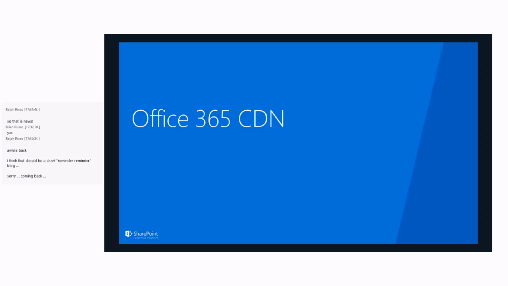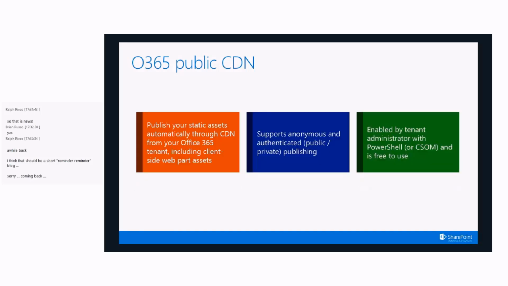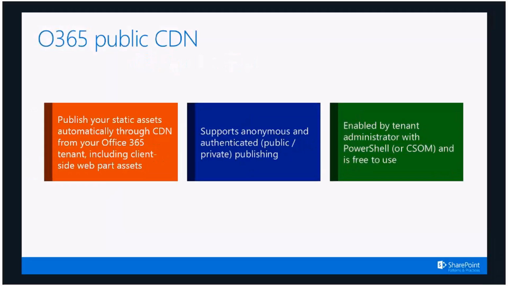So I wanted to go back and have a quick discussion on the Office 365 CDN. And it's not just the public, it's also the private CDN. There have been quite a few questions around this in the tech community, techcommunity.com, and in the SharePoint developer section. So it's good to go through this one, and we'll continue answering those questions in the tech community as well.